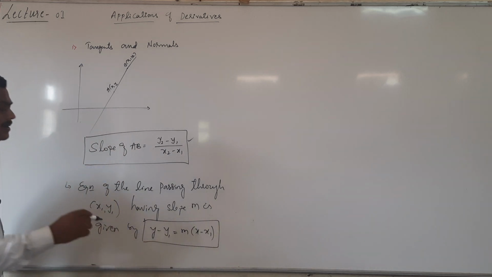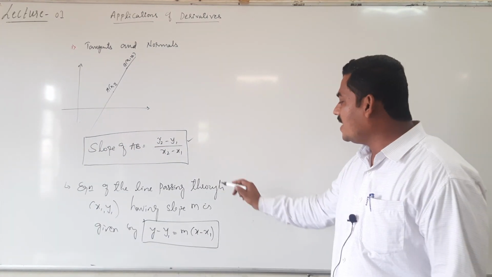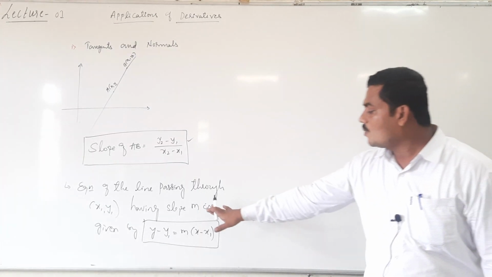Equation of the line passing through one point having slope m is the slope and point form.